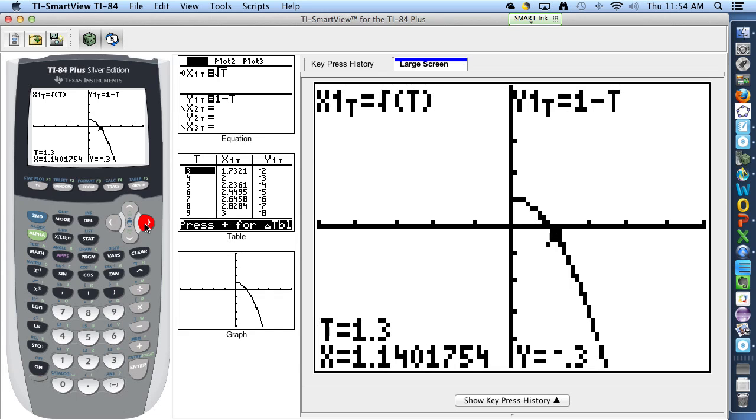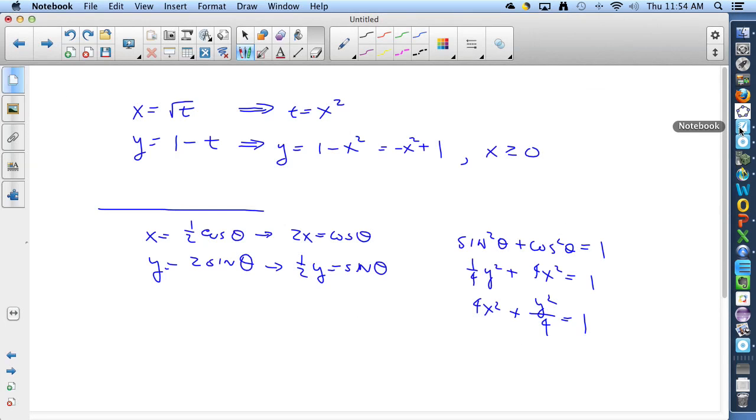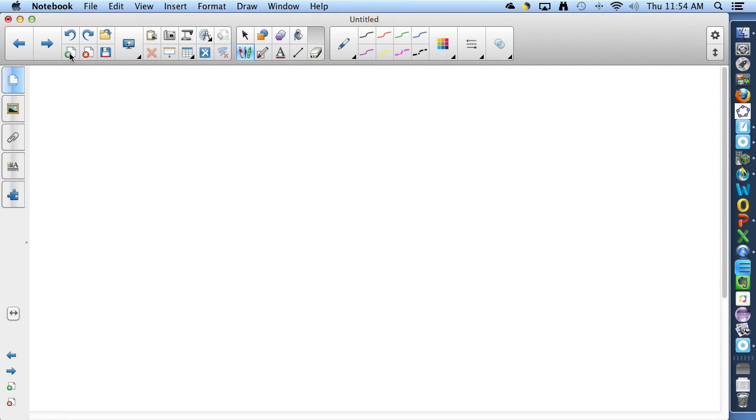Okay. So this might not be earth-shattering, but if you have a parametric equation and you want to know what the derivative is, it's the derivative of y with respect to t over the derivative of x with respect to t. In other words, y is changing at some rate with respect to t, and x is changing at a different rate with respect to t.